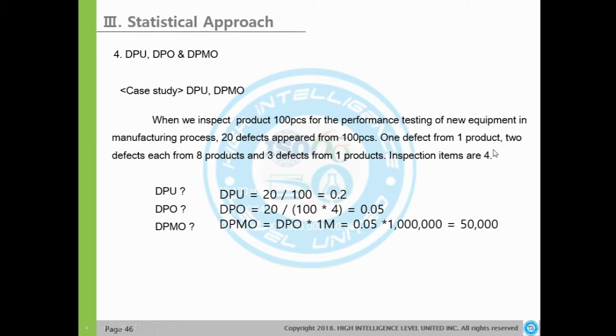So opportunity is for one piece. Here we have 100 pieces, so total opportunities are calculated by 100 times 4. So 400 opportunities. So DPO is 0.05. DPMO is just DPO times 1 million.